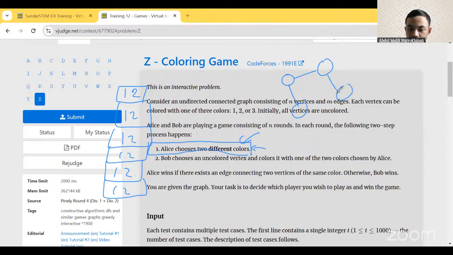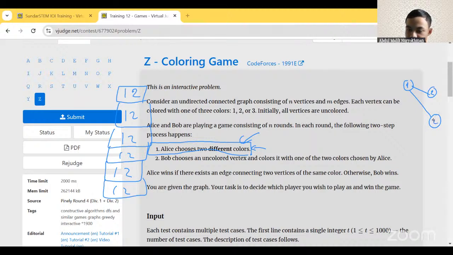In order to avoid that, we will make the graph into a bipartite graph. Is it correct? If we color a vertex with color 1, then all of the adjacent nodes are colored with 2.